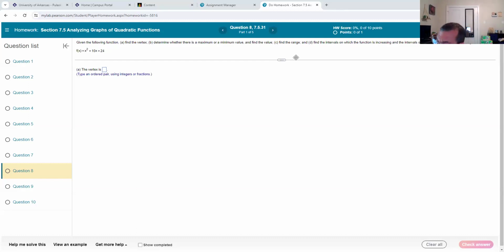So look, they want the vertex, min or max, the range, so that's a new one, intervals of increasing and decreasing, so that's a new one. And then let me see what else. And that looks like it on it, okay? So let's go play with this one.